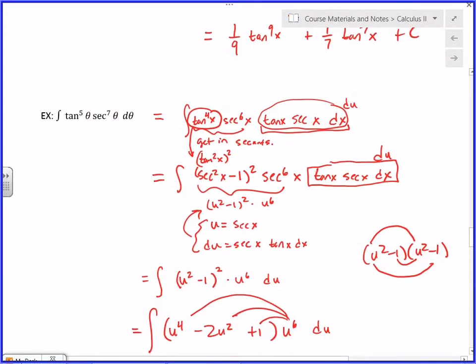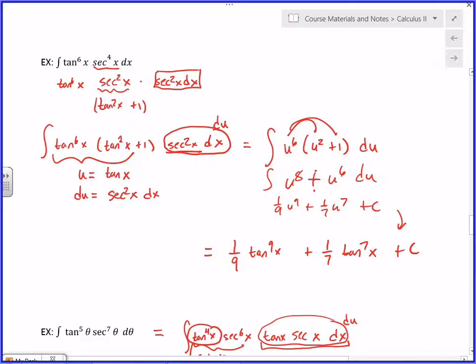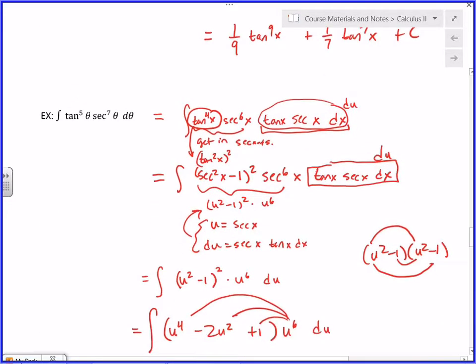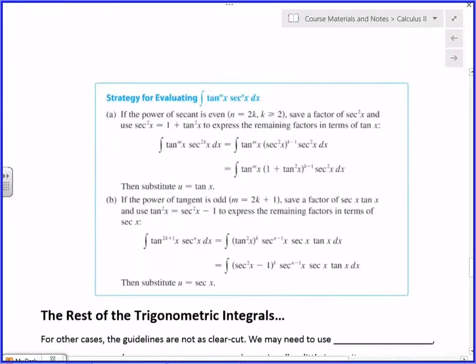Because on this one, I had to be able to pull off a tangent and a secant and then turn the remaining tangent into a secant. So I can handle even secants and odd tangents with a secant. If I have an odd tangent without a secant, then all bets are off so far. But that's the next table that I've got.